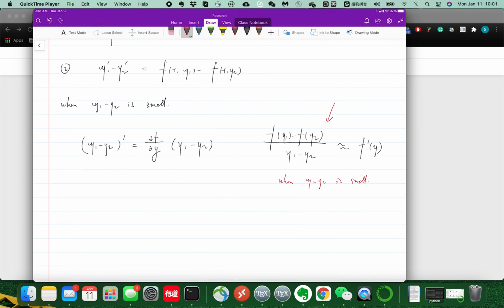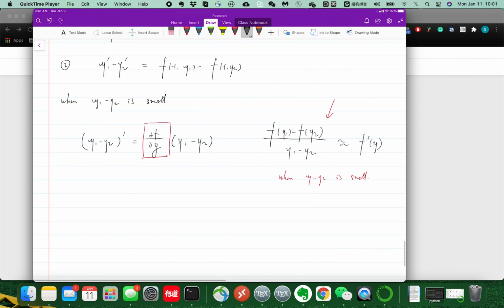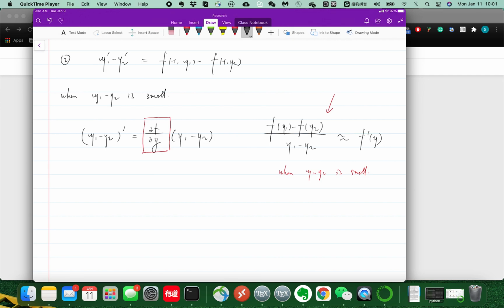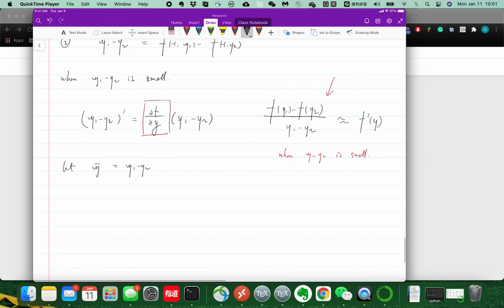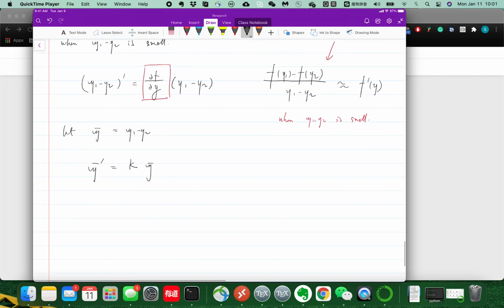All right. So if this is continuous, that means this number is roughly finite. Then this one is very likely a new function y bar equals y1 minus y2, which satisfies a differential equation y bar prime equals y bar times a constant, for a short period of time.